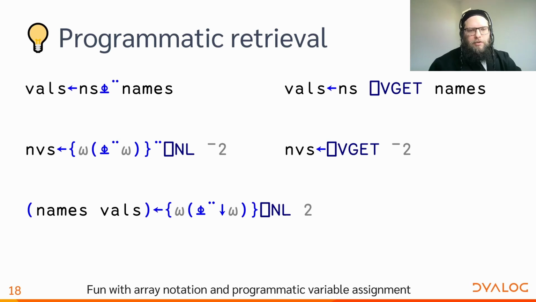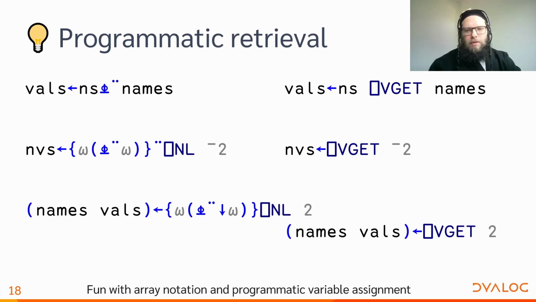And if you just want all the names as a list and all the values as a list, then traditionally you have to write some rather long and complicated incantation for that. But with quad VGet, you just give it a 2 instead of a negative 2, and you get names separately as a matrix and values separately as a vector.